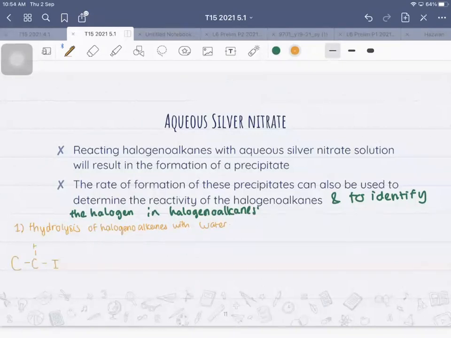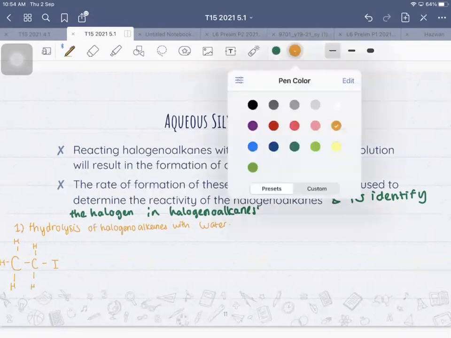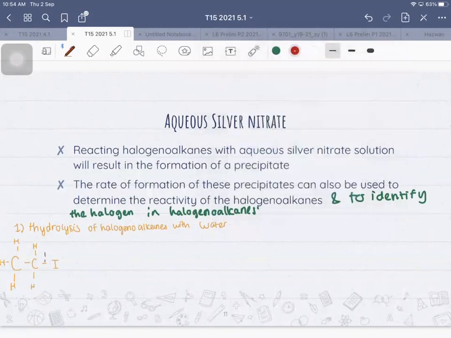So I'm just going to use iodoethane, but you know that this works with bromoethane, chloroethane, maybe not so much with fluoroethane because the carbon fluorine bond is strong. So in this reaction, the carbon iodine bond is being broken using water, plus H2O.